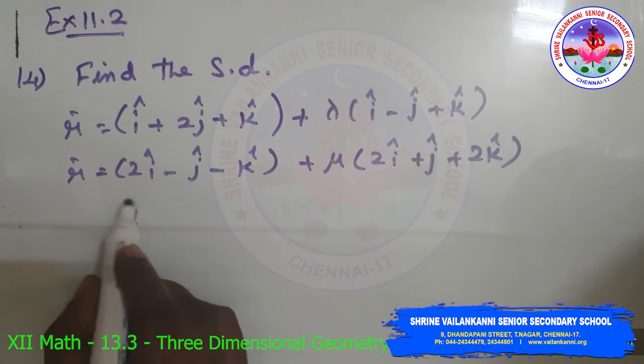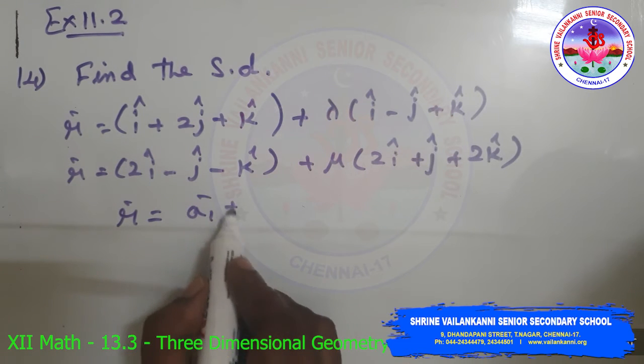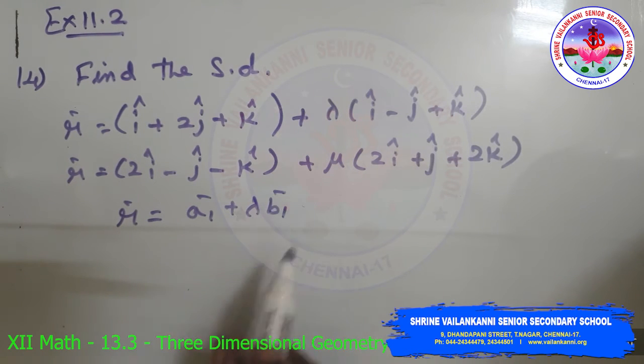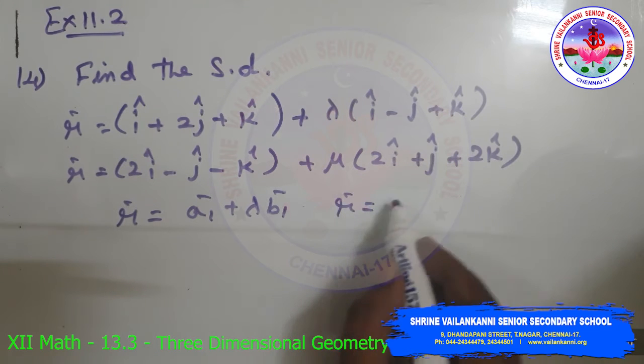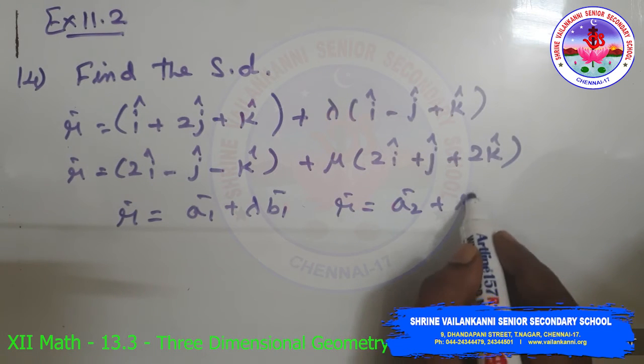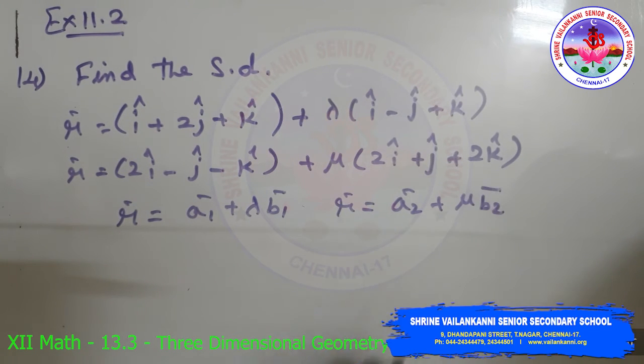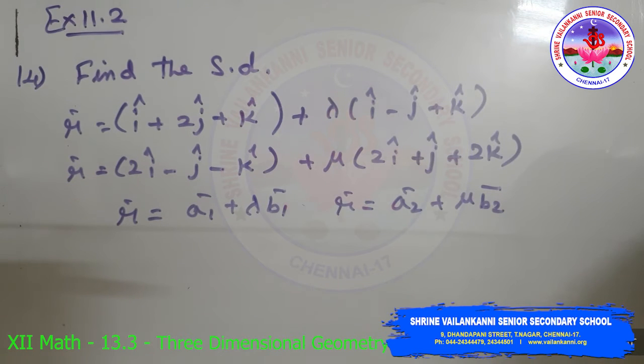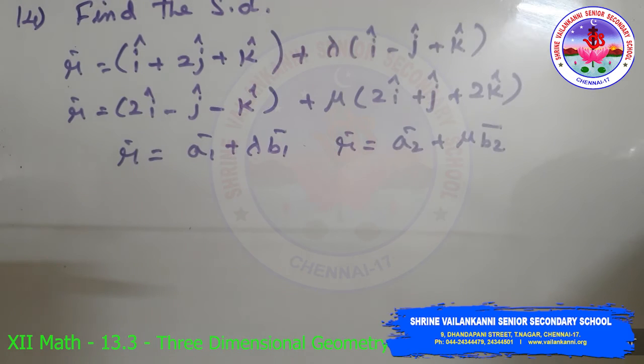This is in the form of r = a1 + λ b1 and r = a2 + μ b2. So using the formula, shortest distance between the two lines is |(b1 × b2) · (a2 − a1)| divided by the modulus of b1 × b2.